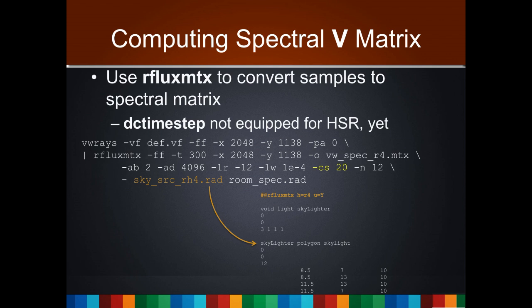And each of those rays gets turned through rfluxmtx and generates an image that corresponds to a particular patch's contribution to that view. And then it's a simple matter subsequently to take the different patch values for a different sky and use them as multipliers on the images, sum them all together and get a result. That is the view that you would get on a certain day and time in the year, usually driven by a weather file.